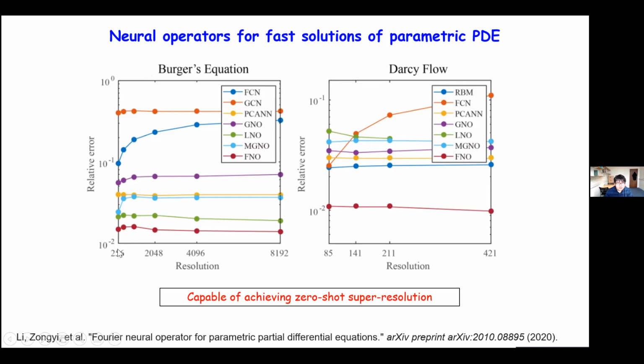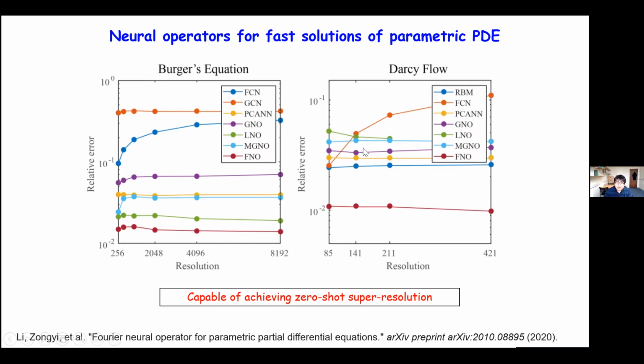So we train our neural operator at a low resolution, and we test it at a high resolution. And you can see that using these neural operators, where NO is neural operator, this error remains constant, meaning that we gain this resolution independence without the need of really showing the neural network data at this high resolution.